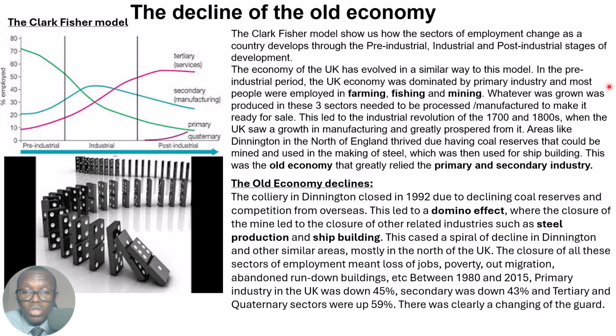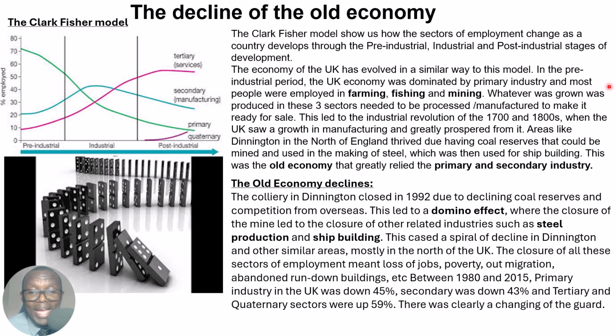Whatever was produced in these three sectors needed to be processed or manufactured. So it had to be taken to the factories to be processed so that it's made ready for sale. And that is what led to the Industrial Revolution of the 1700s and 1800s. The UK saw a growth in manufacturing and greatly prospered from that.